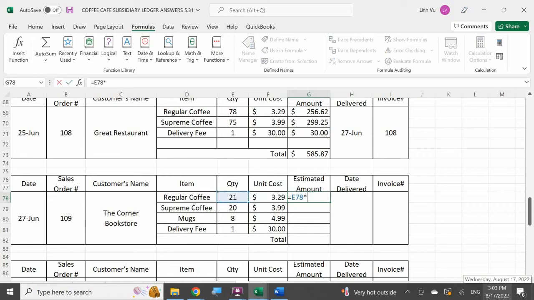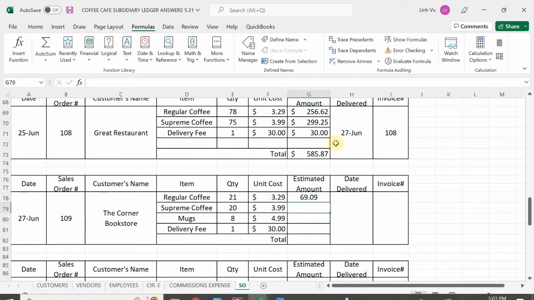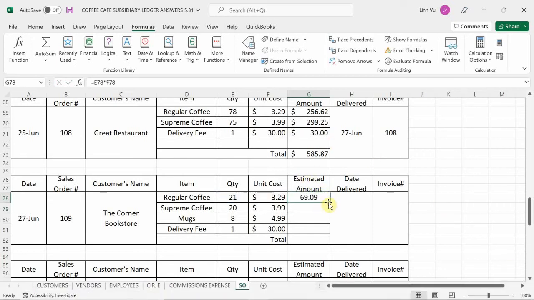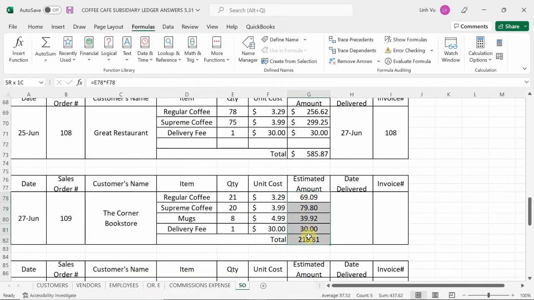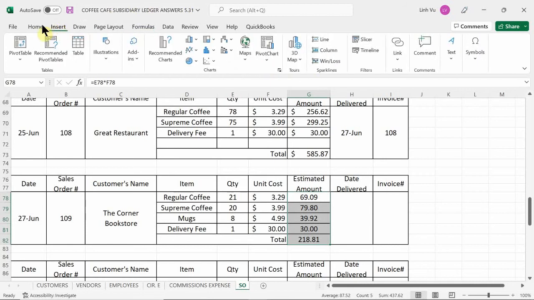Okay. $218.81. Is that what they're quoted for? Yes. And that's all that needs to be done on the sales order for right now.